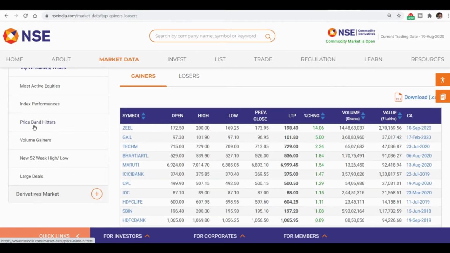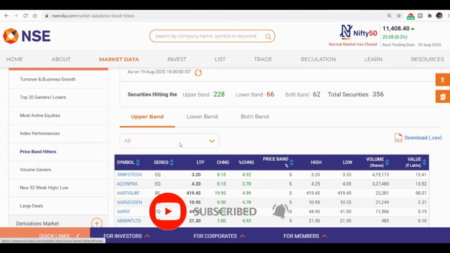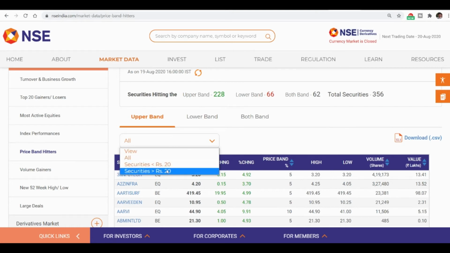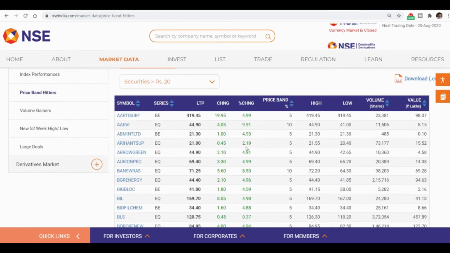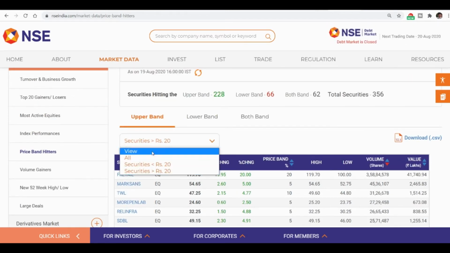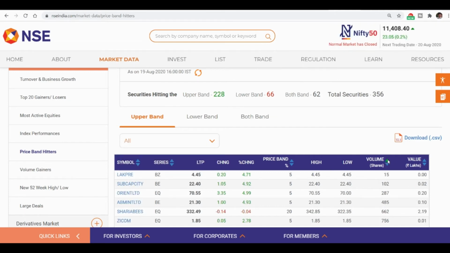Click on this and we'll have all the stocks with lower price band and upper price band. You can filter the securities by price and further by volume. So I'm going to choose all the securities and sort them based on the volume information. So we have S Bank.